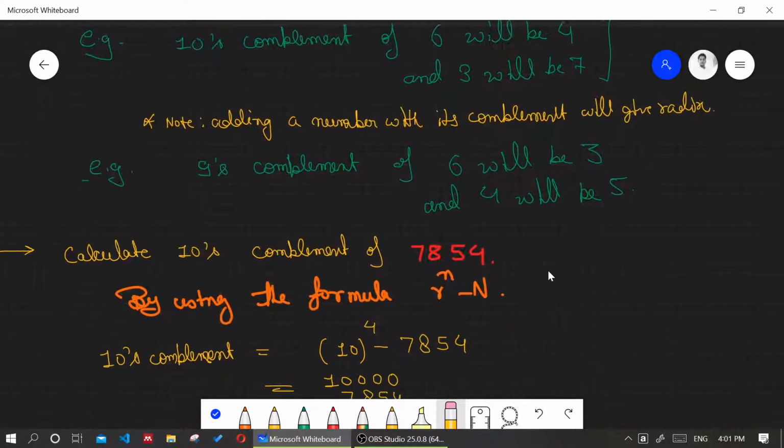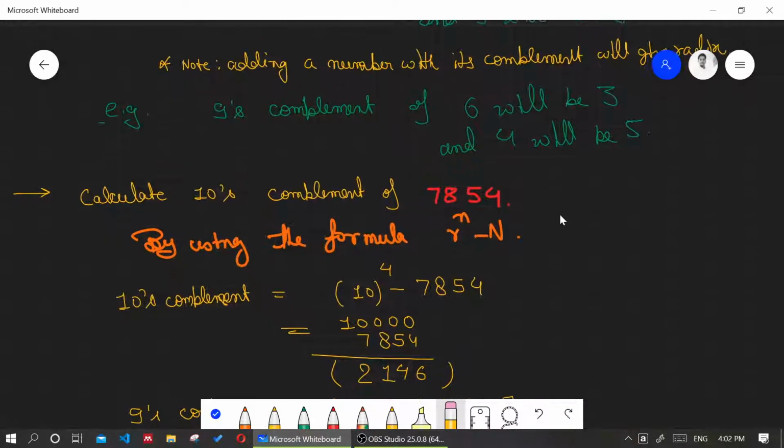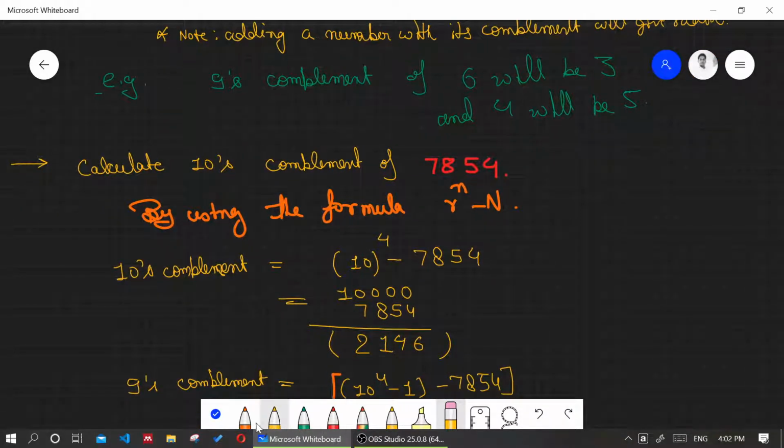Now let's see the generic calculation for the tens complement. Suppose your number is 7854. So 7854 is a 4-digit number. Using this formula, the tens complement will be the base, which is 10, raised to the power 4, minus the number 7854.